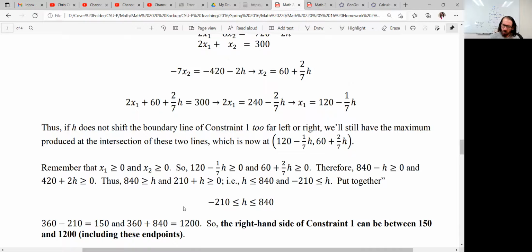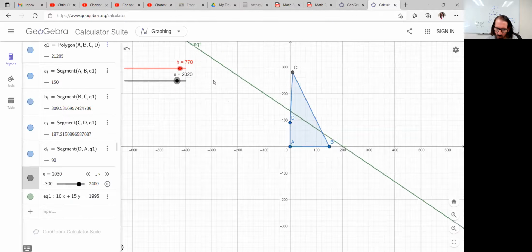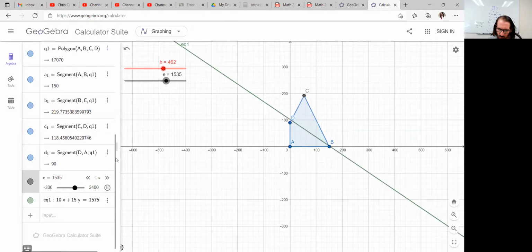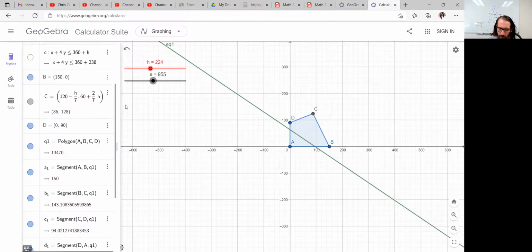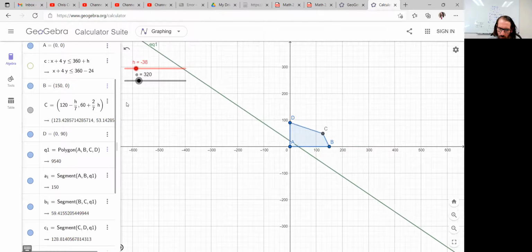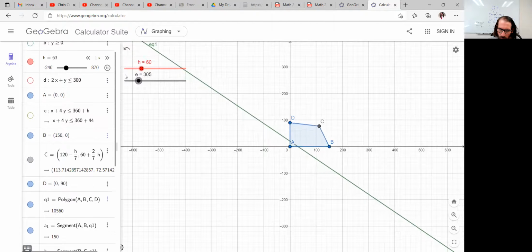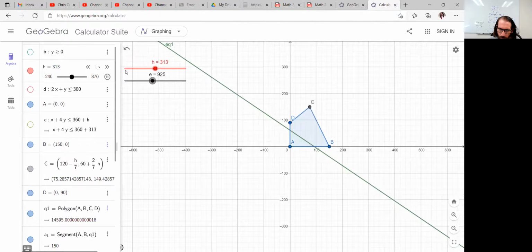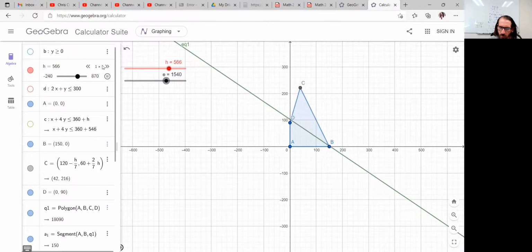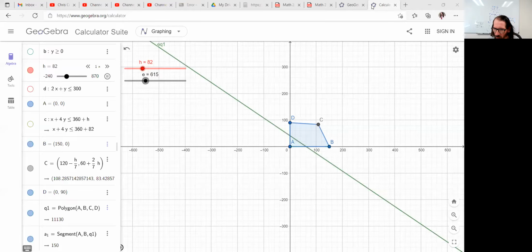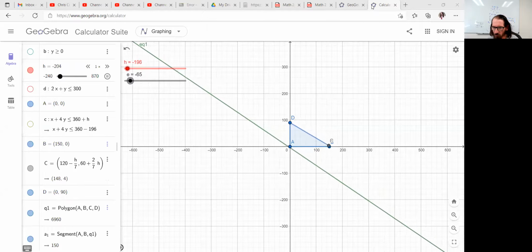So it could be between 150 and 1200. Sorry, that's a positive 150 and 1200.